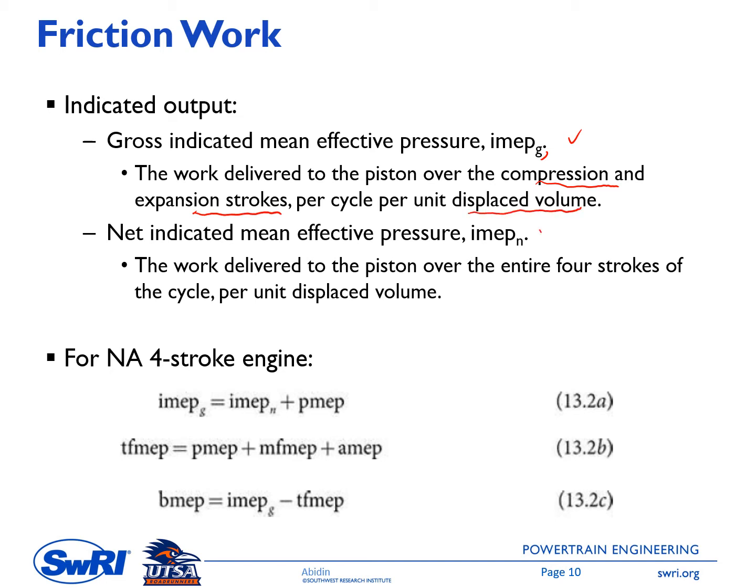The second one is net indicated mean effective pressure, IMEPN. N stands for net. This is the work delivered to the piston over the entire 4 strokes of the cycle per unit displaced volume. From this, you will see that the difference between the gross and net is the pumping work.